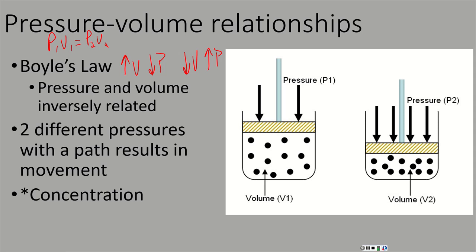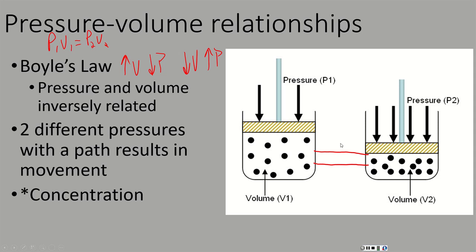Now let's say these two containers are connected by a tube, and we open that tube up so that there's a pathway between them. Over here on the right, we've got a high pressure. Over here on the left, we've got a low pressure.